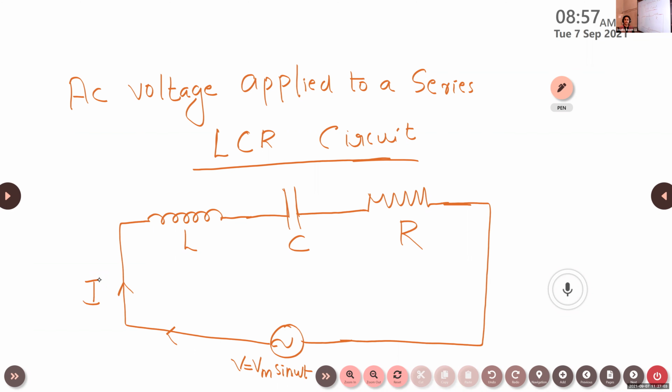Then what about the next characteristic? Potential difference. The potential difference is different for different electrical components.